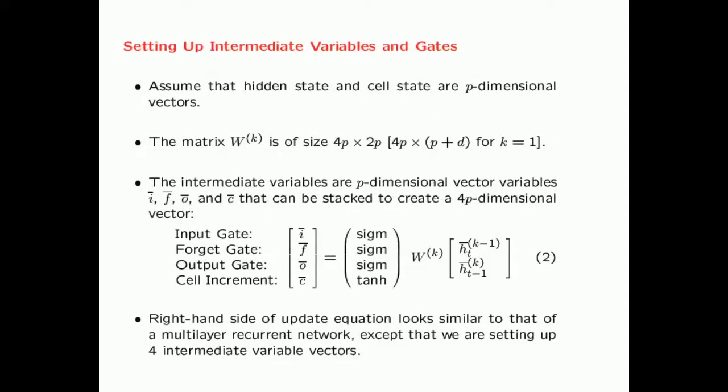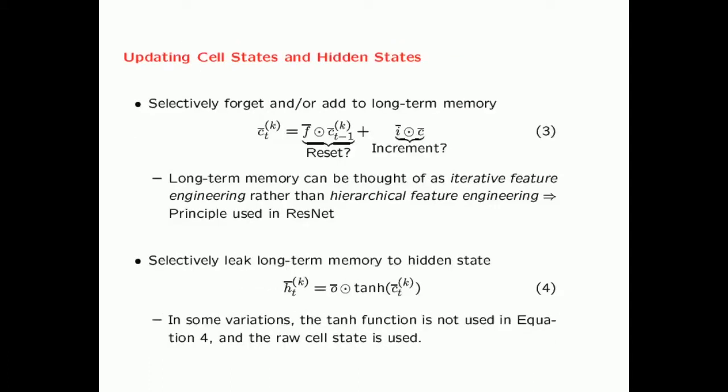So now note that this output gate was also set up in the previous slide. If you look at equation 2, the third element of the vector, it's a set of p-dimensional elements. Those are a set of output gates. So now because you are multiplying this stable cell state with the output gates in order to get your hidden vector, the gradient flows for the short-term memory are also stabilized.